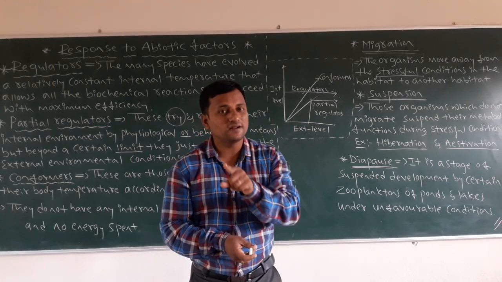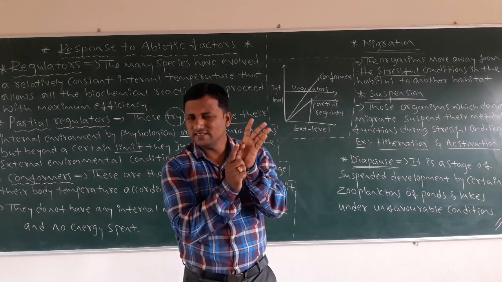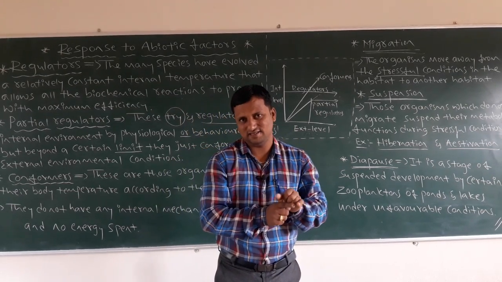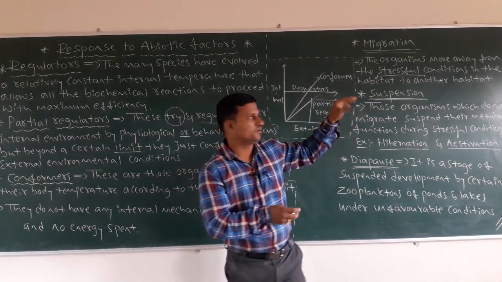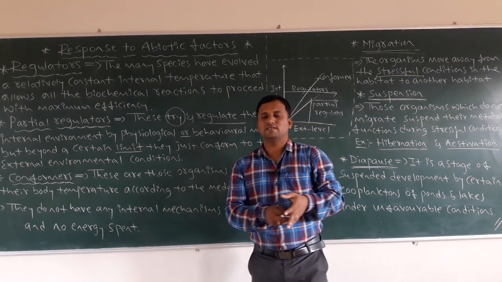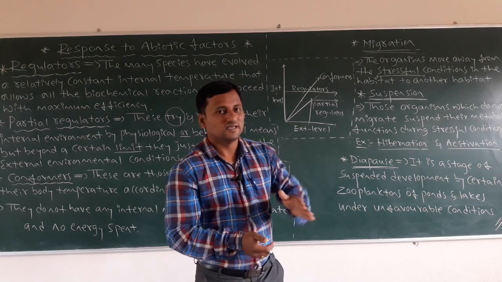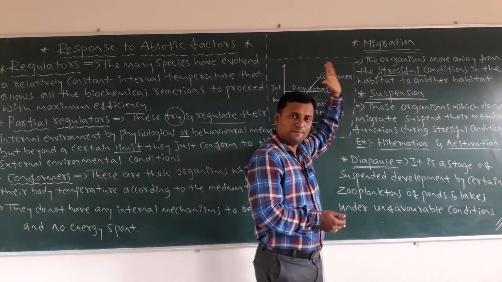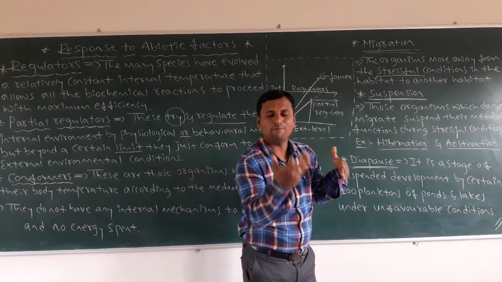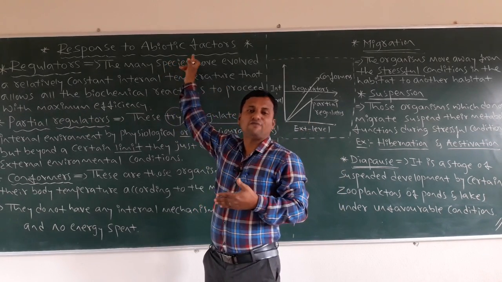When they migrate, the reasons are breeding, food, water or climatic conditions. So here they face stressful situations based on climatic conditions. So migratory organisms also face some problems from external abiotic factors.